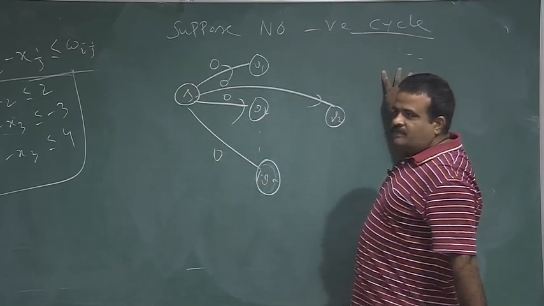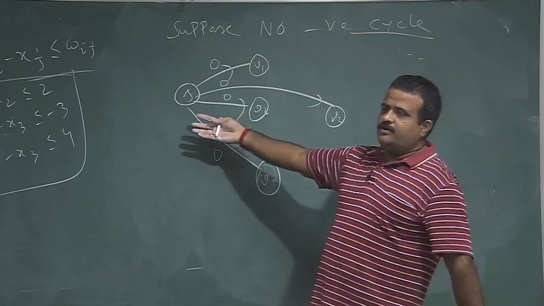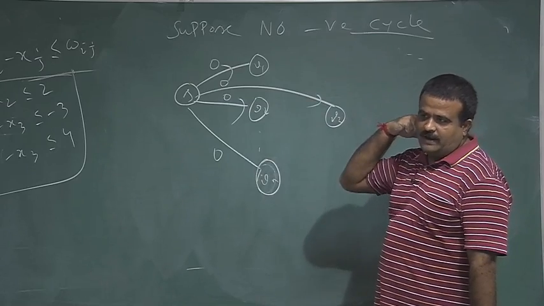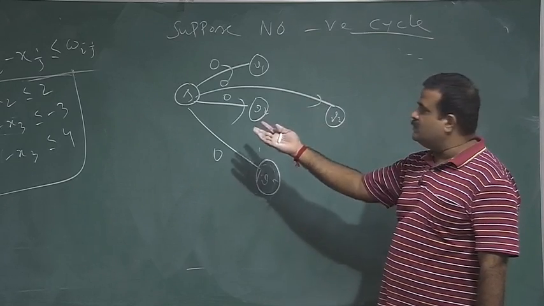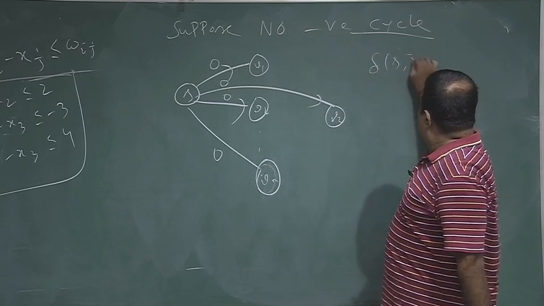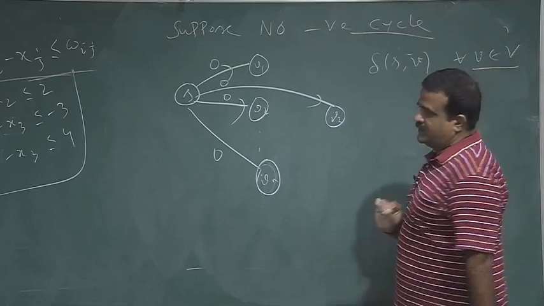If the original graph has no negative cycle, this graph also has no negative cycle, because we have only introduced 0 weights. So, if we run Bellman Ford, it will give us delta of S comma V for all V in the graph.